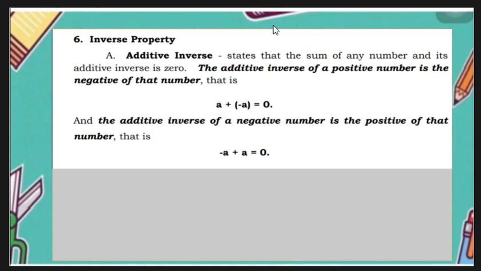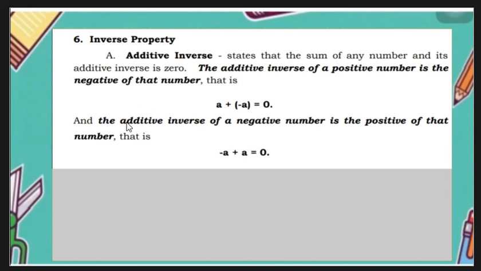So again, we have this additive inverse of a positive number is the negative of the number. That is, the positive A plus negative A is equal to 0. Of course, since they have unlike signs, positive and negative, when you add them, the result is 0.